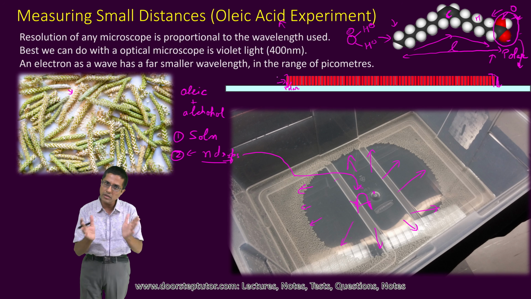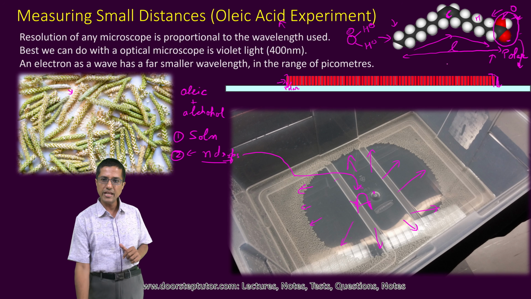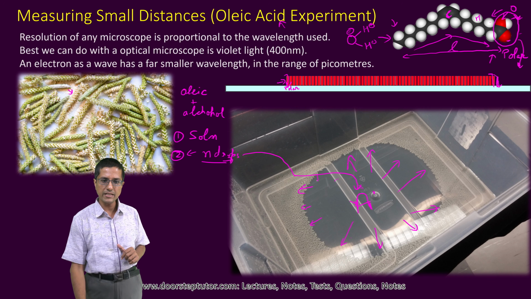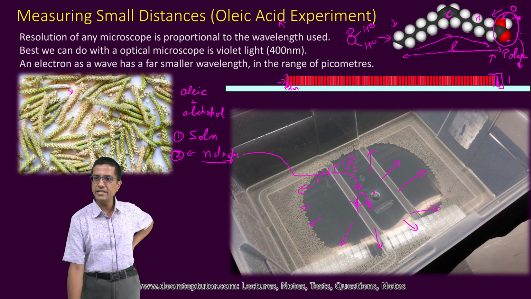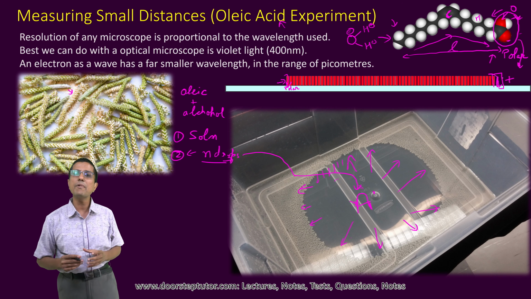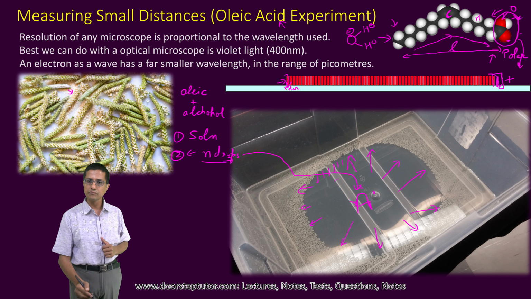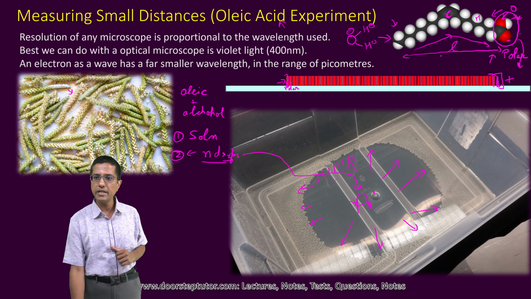So there is a role of all the things here, and with that vertical arrangement, if I measure this thickness T using whatever mechanism, I am able to measure the length of this oleic acid molecule.